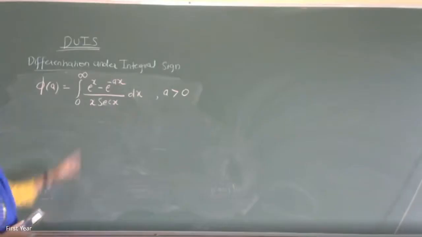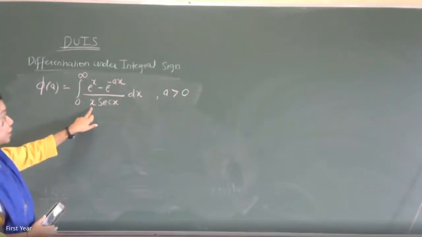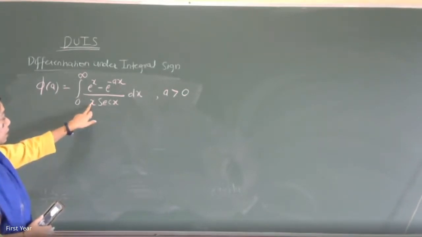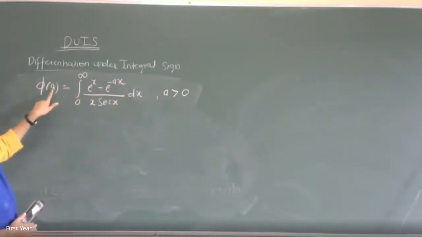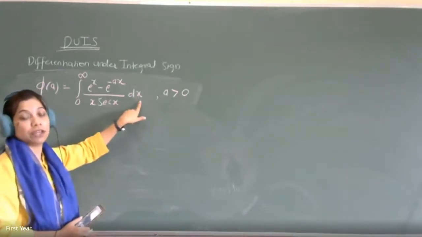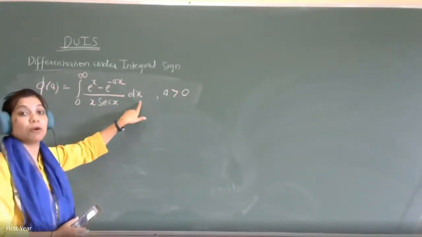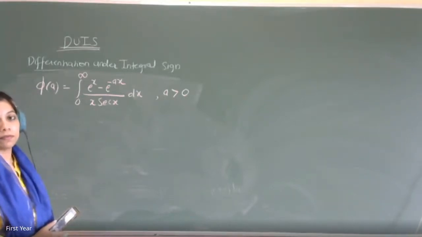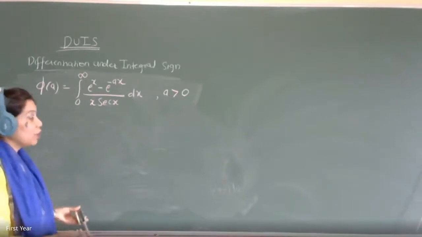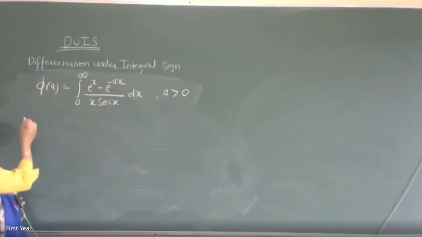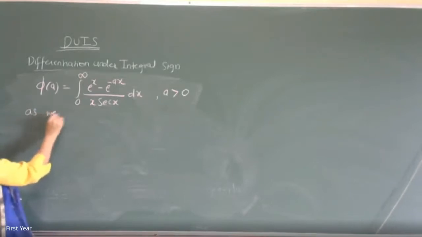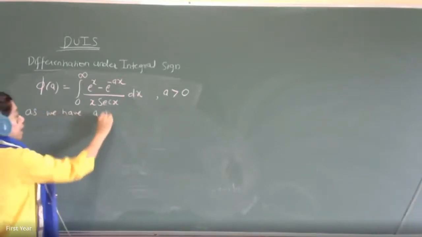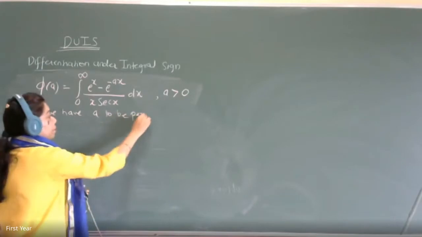Yes, ma'am. Okay. Therefore, this integration is with respect to x, and the final answer will be in terms of a. That means a is appearing as a parameter and x is the integration variable. Is it okay? And that's why we can think about differentiation under the integral sign. So first I go for differentiation under the integral sign, as we have a as the parameter.